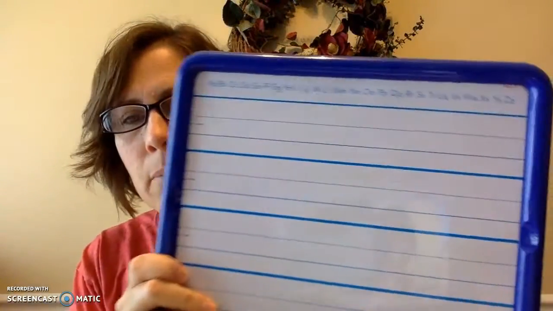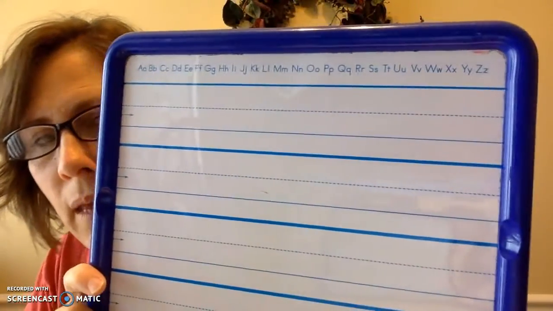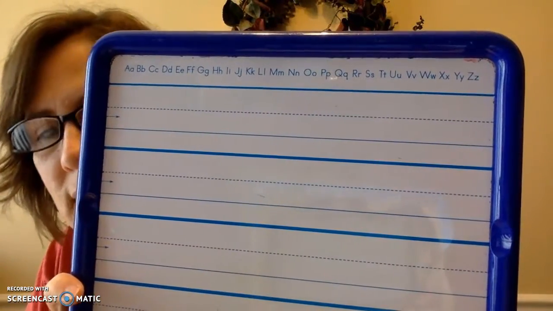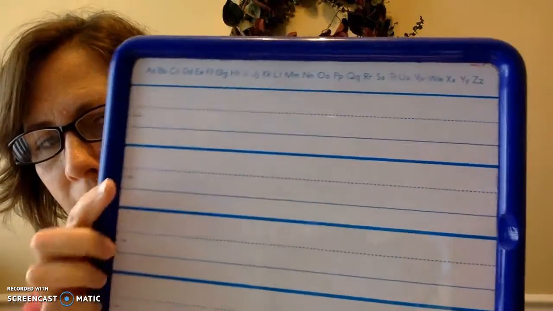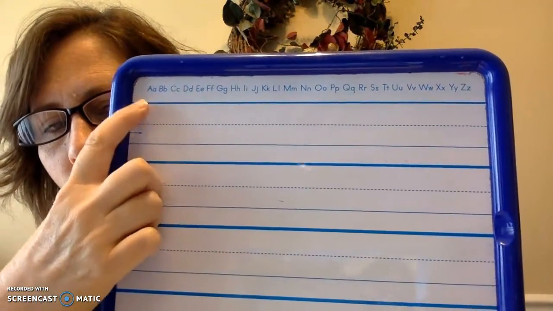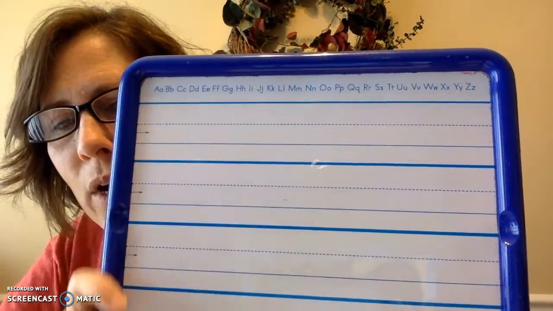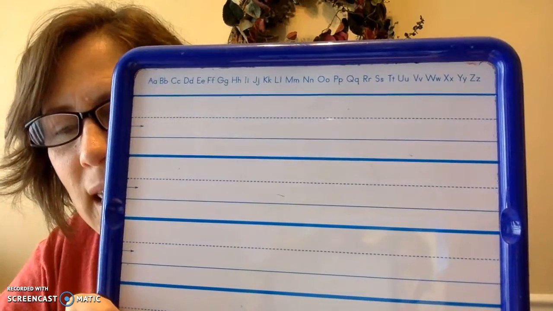All right, now I want us to think about, where does C live in the alphabet? Does it live close to the beginning of the alphabet, towards the middle, or at the end of the alphabet? I'm going to hold this up. I don't know if you're going to be able to see it very well because the letters are small, but look for the letter C in that alphabet. Starting over here at the beginning with A, where do you see C?